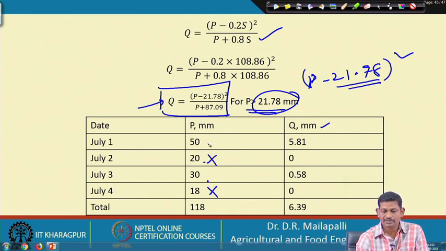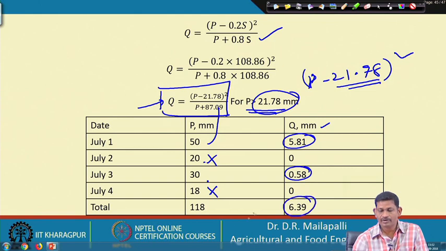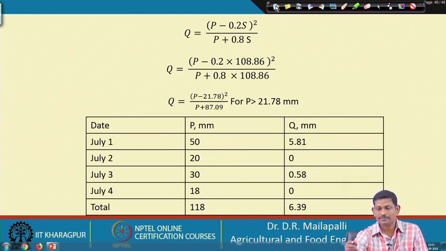If you substitute the P values here, you get Q equal to 5.81 and similarly 0.58, and the total is 6.39, the total runoff from that particular area corresponding to the given curve number.